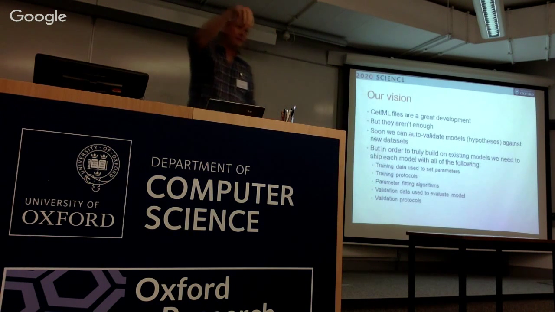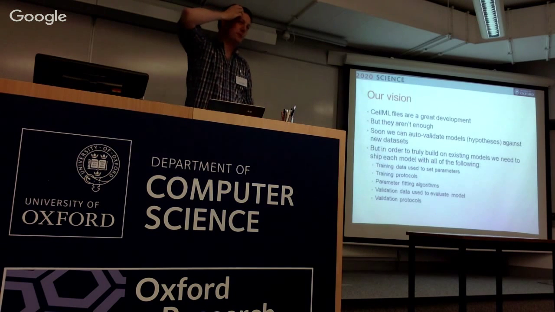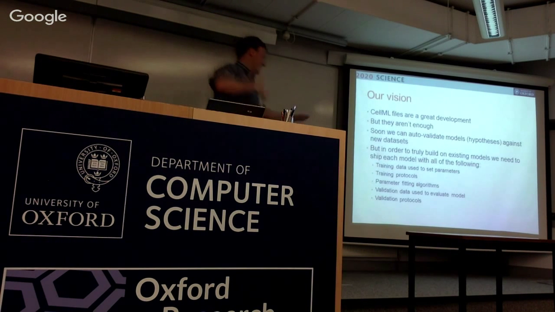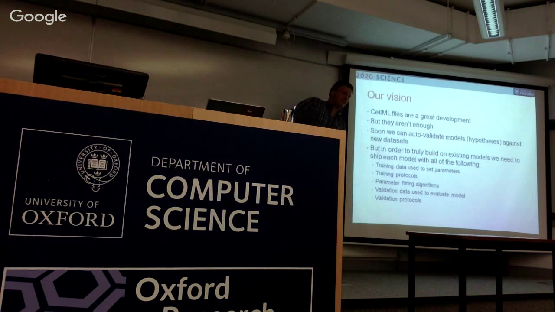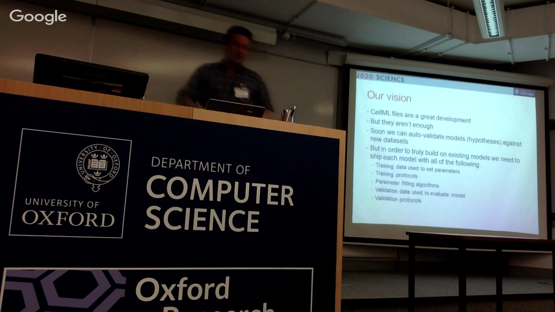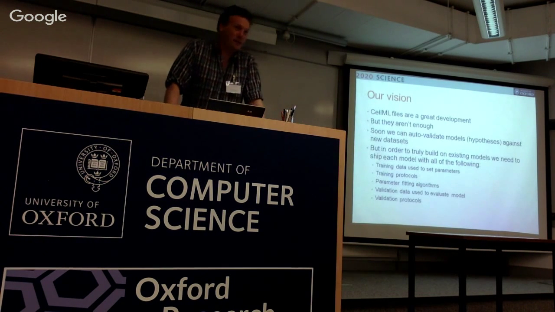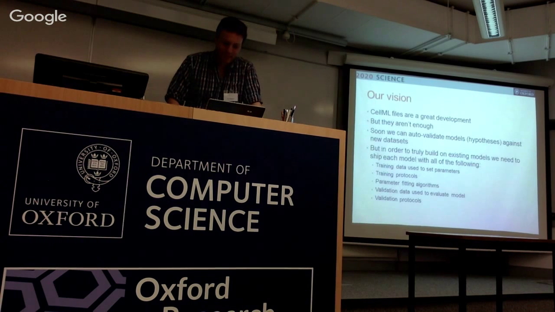And so instead of a CellML file being the gold standard for what you publish to share your model, I think we need all of these things to go out and be there as part of a model, which is a massive shift.